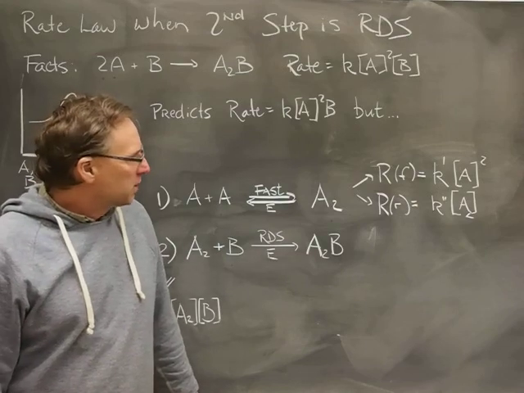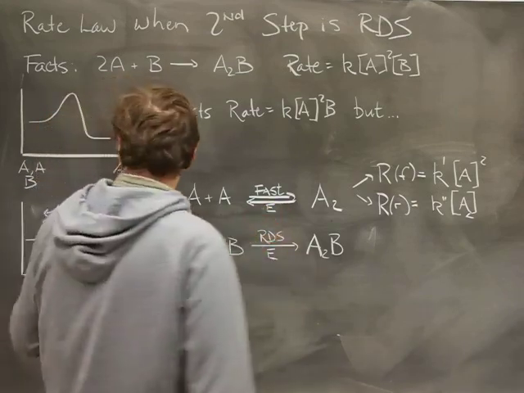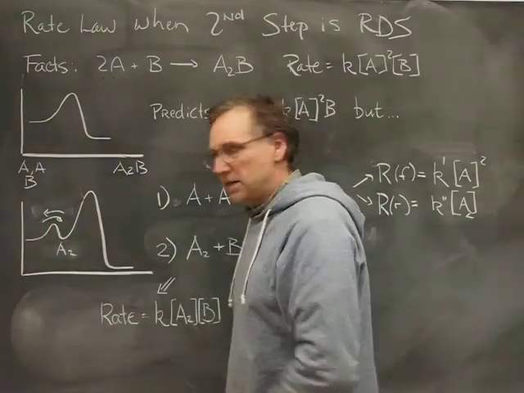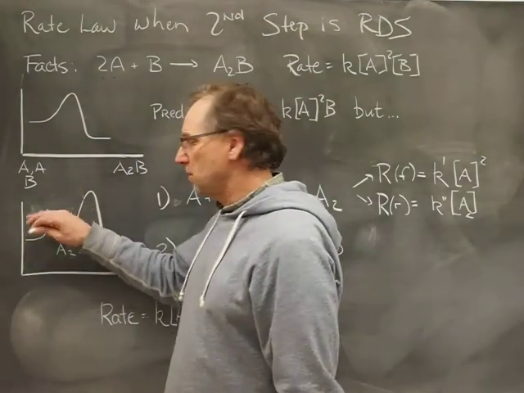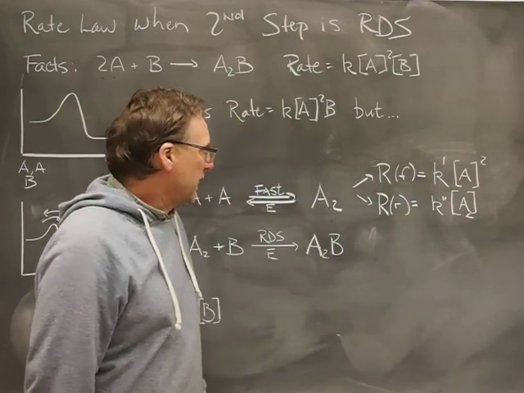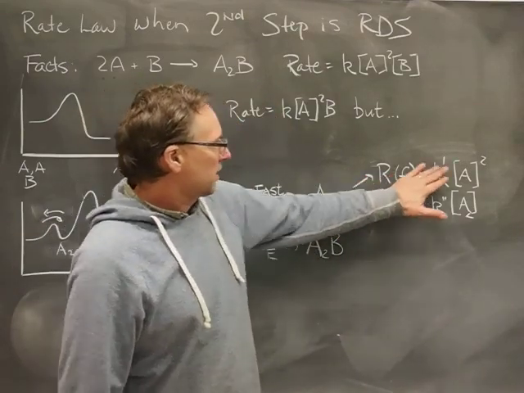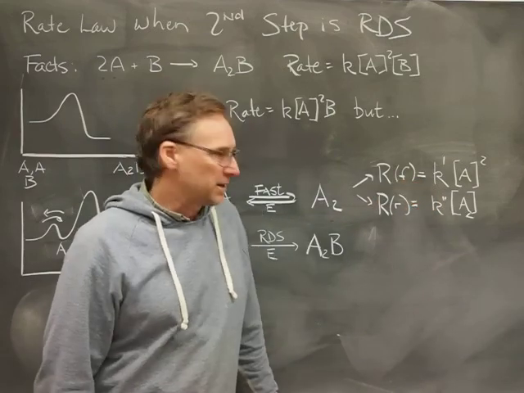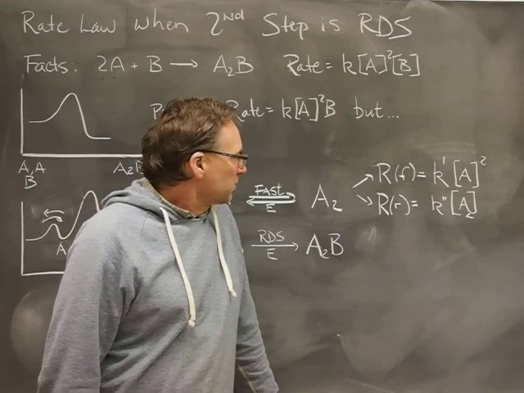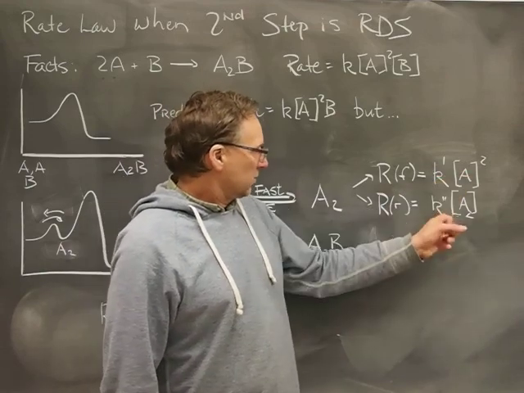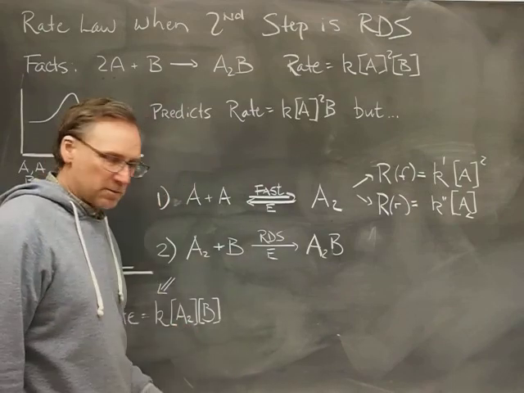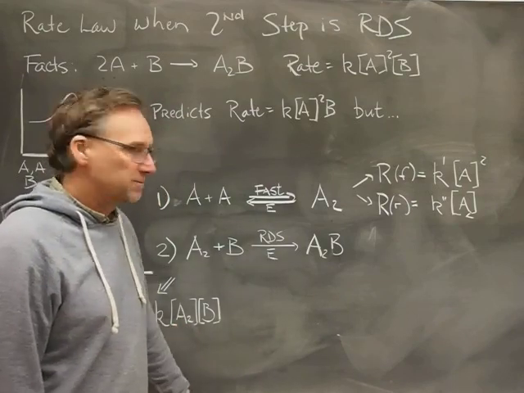How does that help us? Well, the idea is that this is a fast equilibrium. Therefore, the rate at which A2 gets made equals the rate at which A2 falls apart and goes back to our original reagents. That means this quantity here must be equal to that quantity there. So the next step in this analysis, if you want to give it a shot, is to say that's equal to that and then solve for the concentration of A2, since that's what is going to appear in our rate determining step.